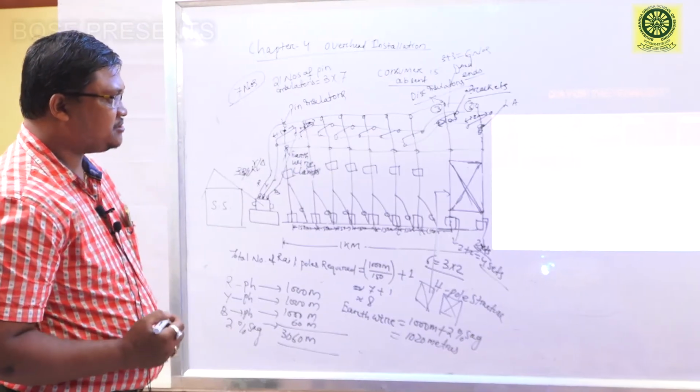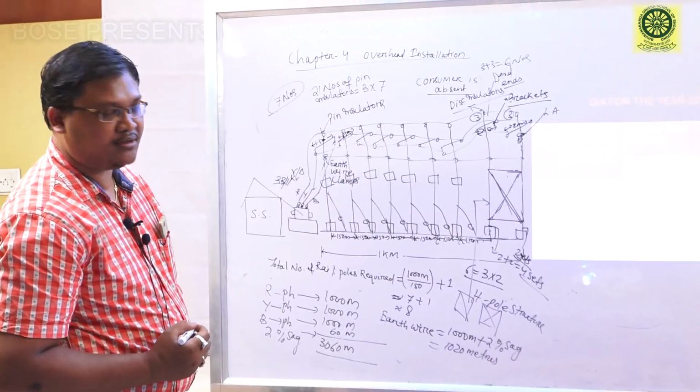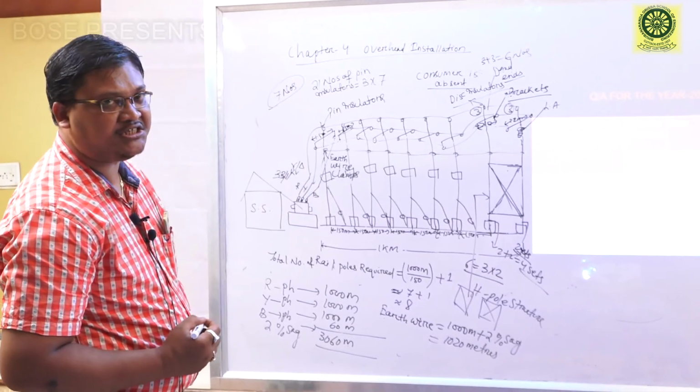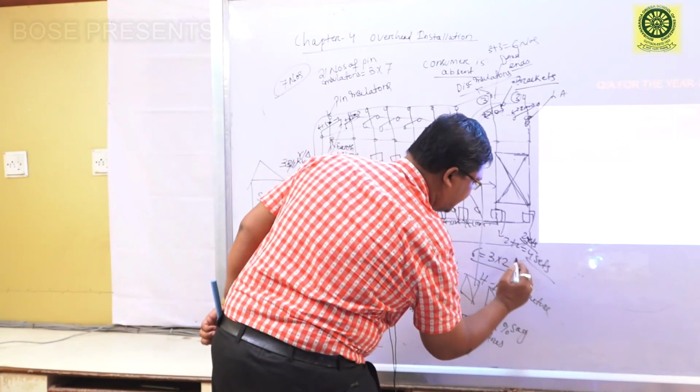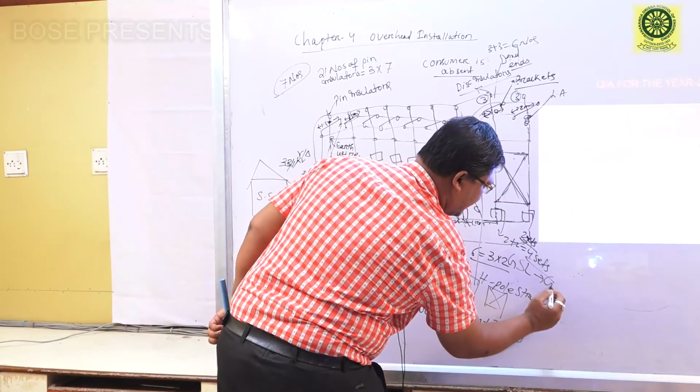And guards, that is GSL number 4. GSL means galvanized low carbon steel.